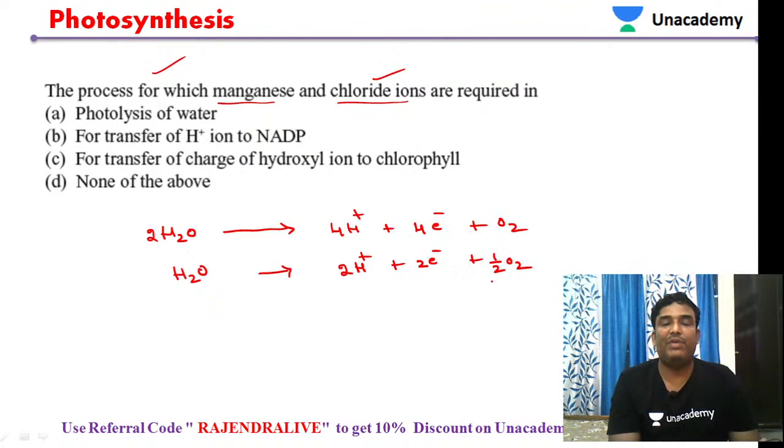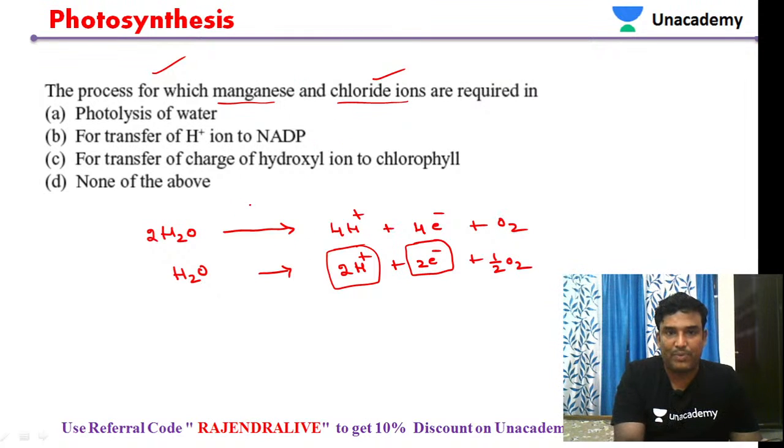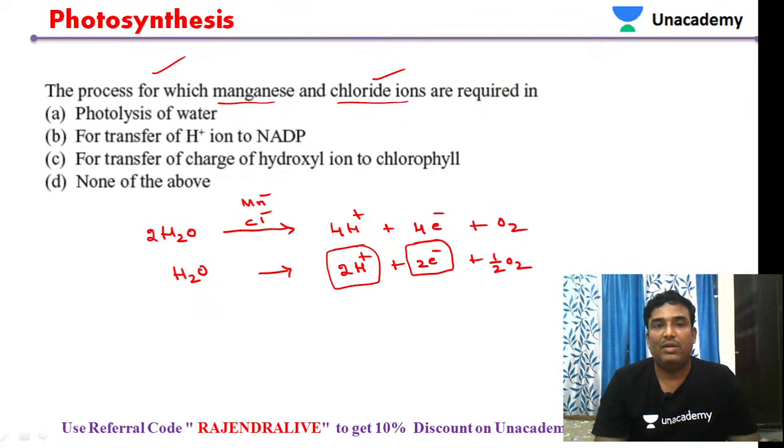So one water molecule produces 2 protons and 2 electrons. For this process, it requires ions like manganese ion as well as chloride ion, which play an important role in the photolysis of water.